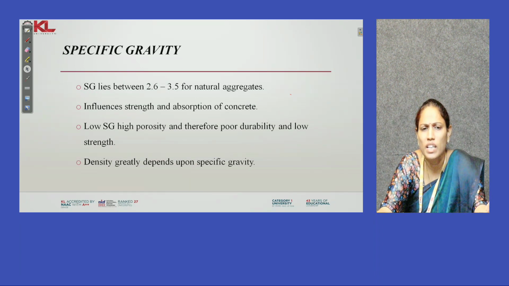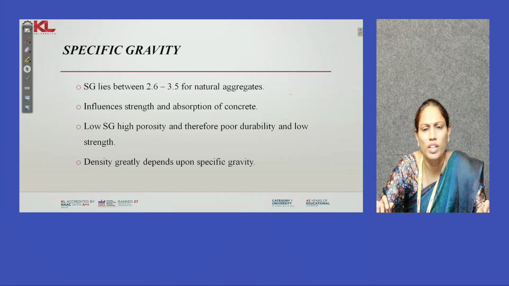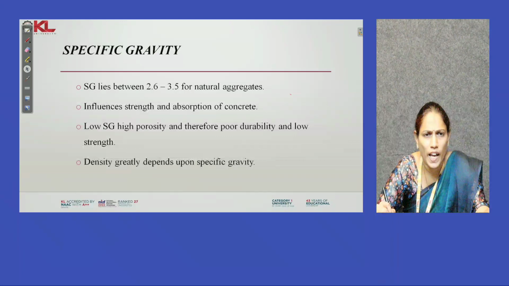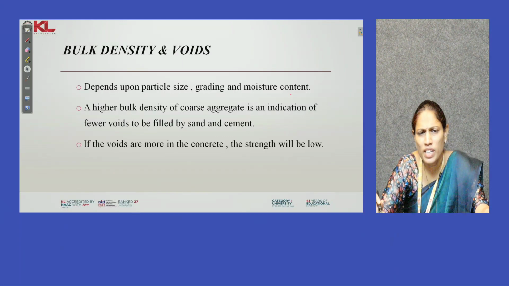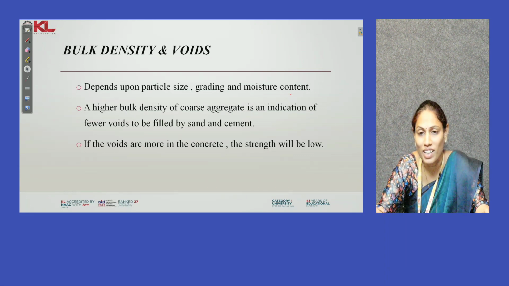Density greatly depends upon specific gravity, so we look for a specific gravity in a certain range where the strength of the concrete will be enhanced. Bulk density and voids depend upon particle size, grading and moisture content. If voids are more in the concrete, the strength will automatically reduce.